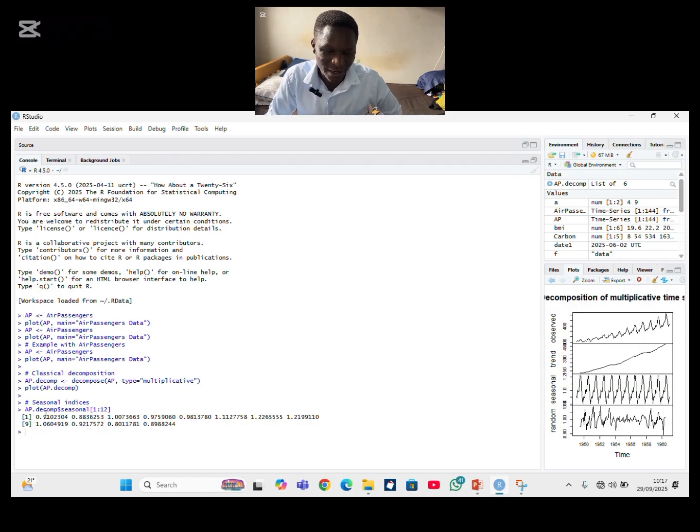For example, let us begin with this one for January. It is 1 minus 0.91023, 04. And we are getting 0.089. Now, the figure we get there, we multiply it by 100.